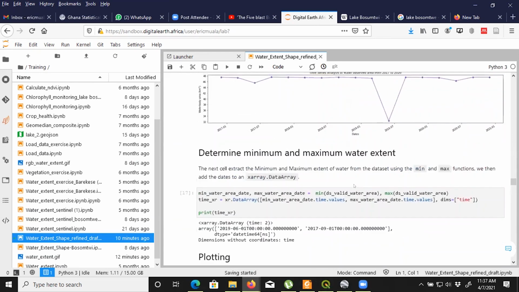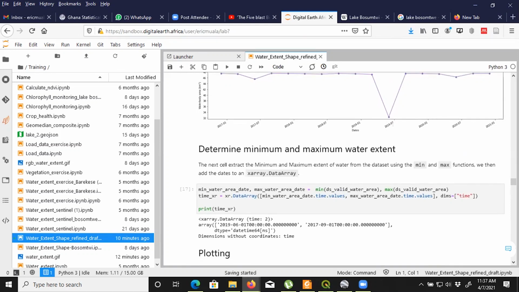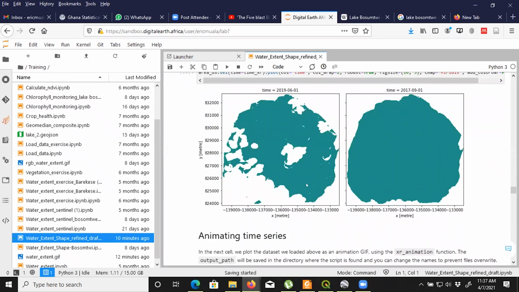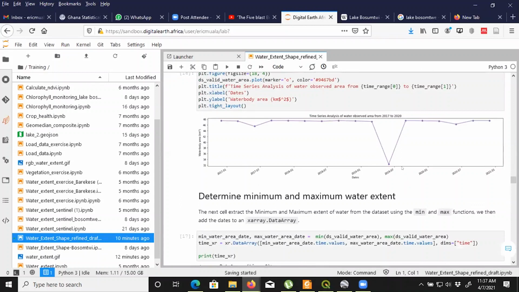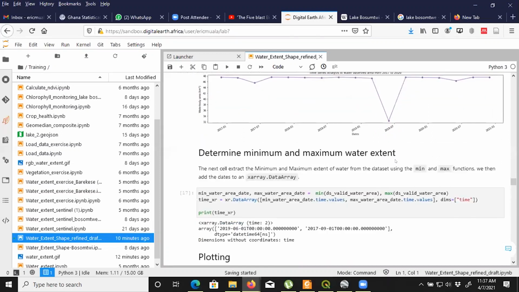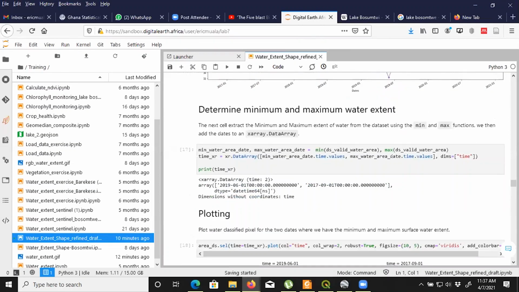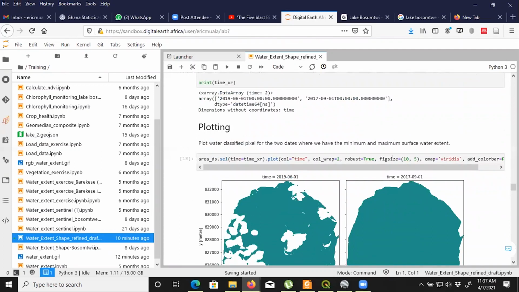So going back to the graph, we could see that the year we are referring to here, which has much cloud, which is this one, is what we are seeing over there. So it wasn't actually the lowest, but because of the cloud issues, that's the reason why that year has been the minimum.